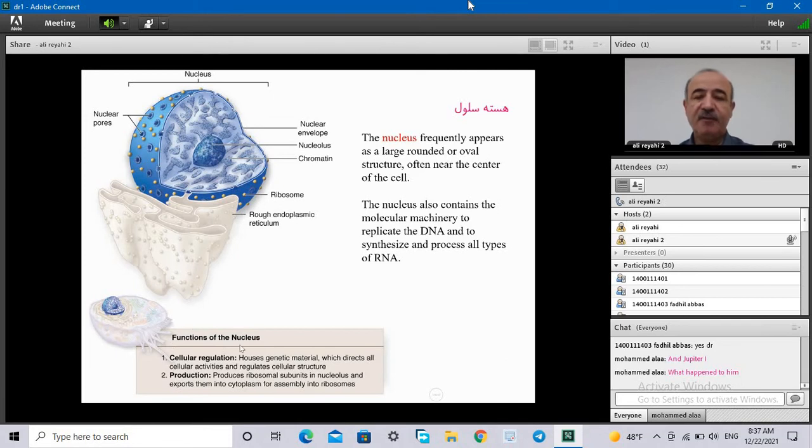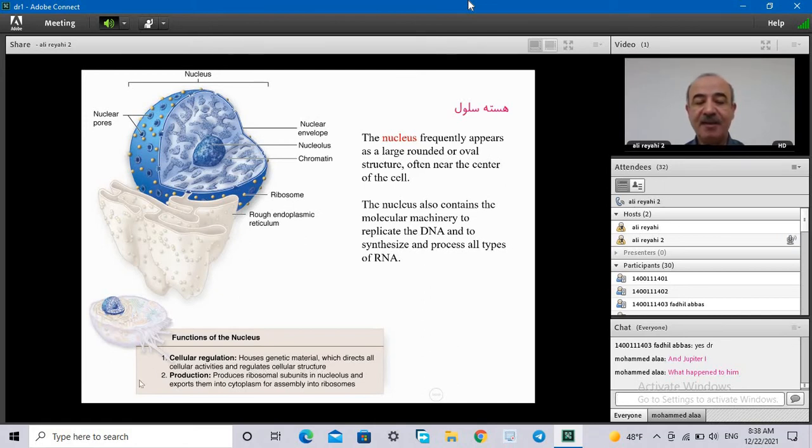What is the function of the nucleus? Attention please. The cellular regulation. That means the nucleus of the cell can regulate all activity of the cell. It hosts genetic material which directs all cellular activity and regulates cellular structure.